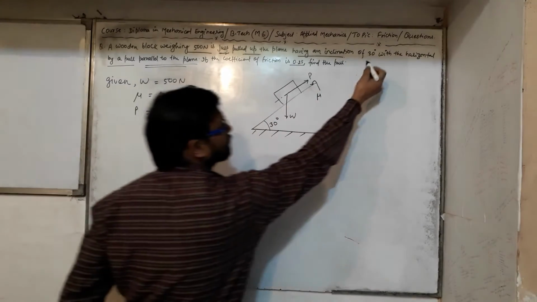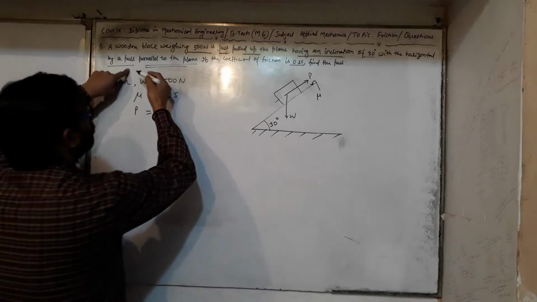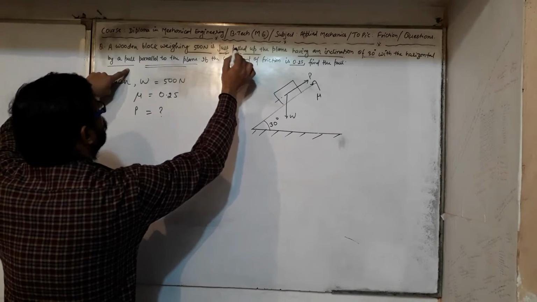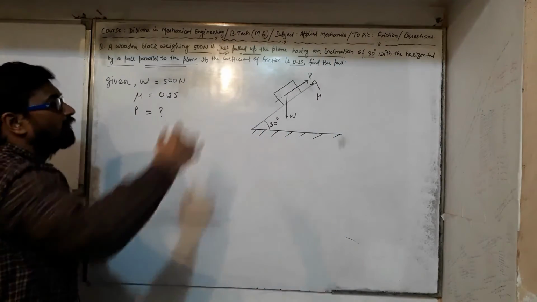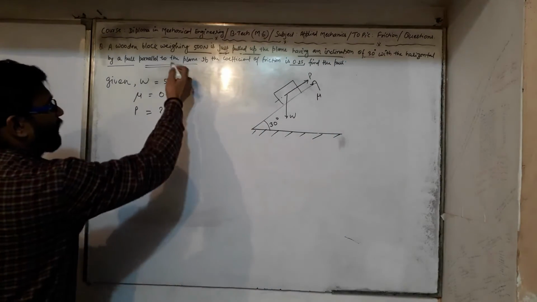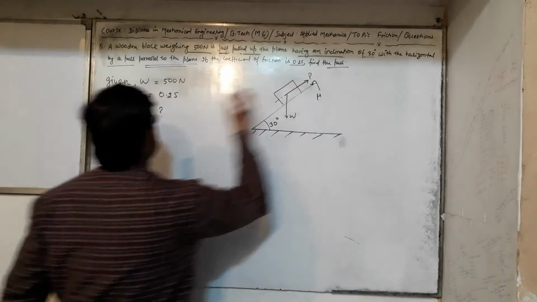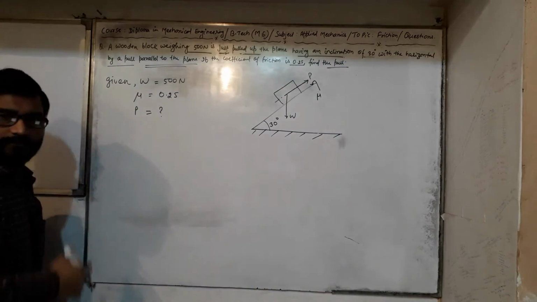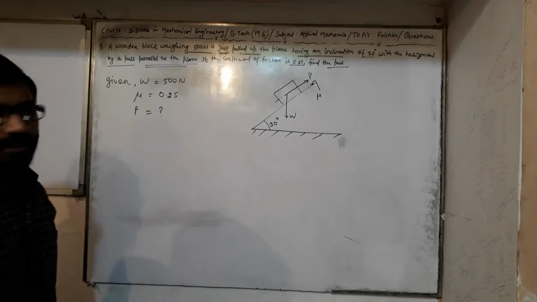By a pull, this force acts on the body so that the wooden box could move up parallel to the plane. Given the coefficient of friction, find the pull. P is the amount of force acting so that the body could just move up, and you have to evaluate it.